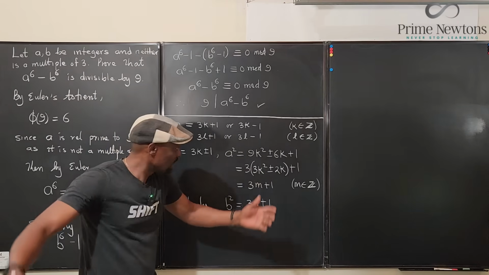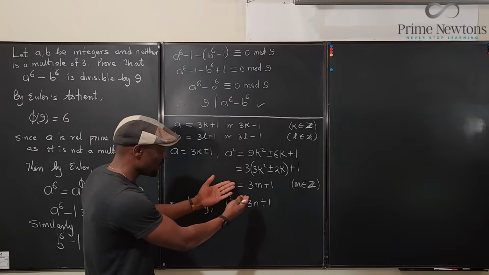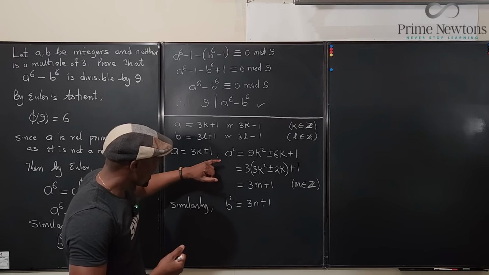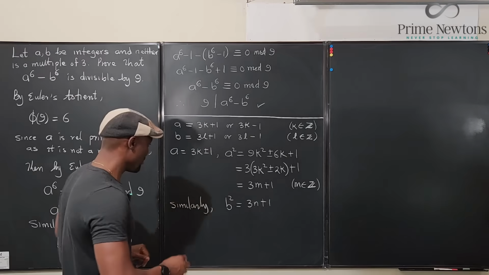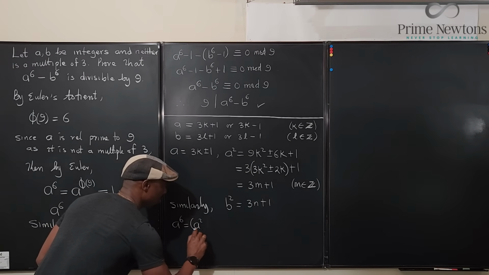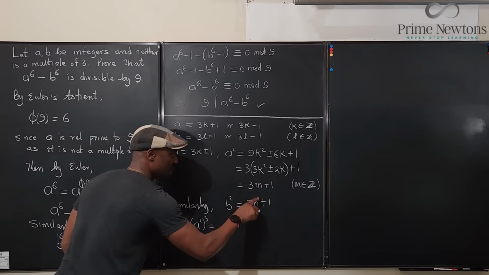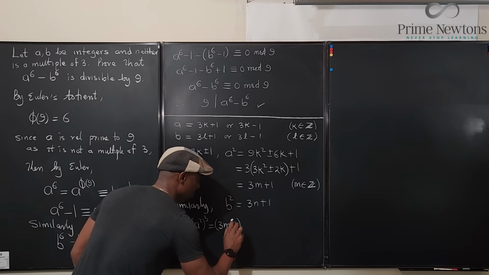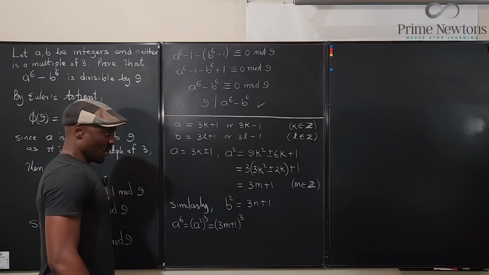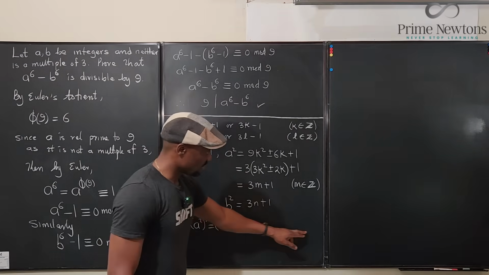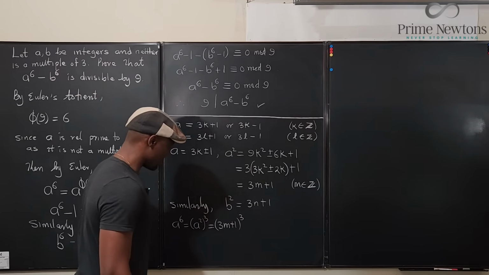So now, all we have to do is find a to the 6th. Well, we know that a to the 6th is a squared cubed, which is going to be this guy cubed, 3m plus 1 cubed. Whew. Is there a way we can answer that in this tiny space here? Yes, I think we can.